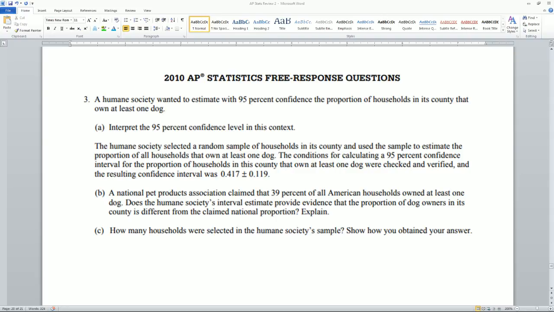What does the 95% confidence level mean in the context of this question? We want to estimate with 95% confidence the proportion of households in this country that own at least one dog.